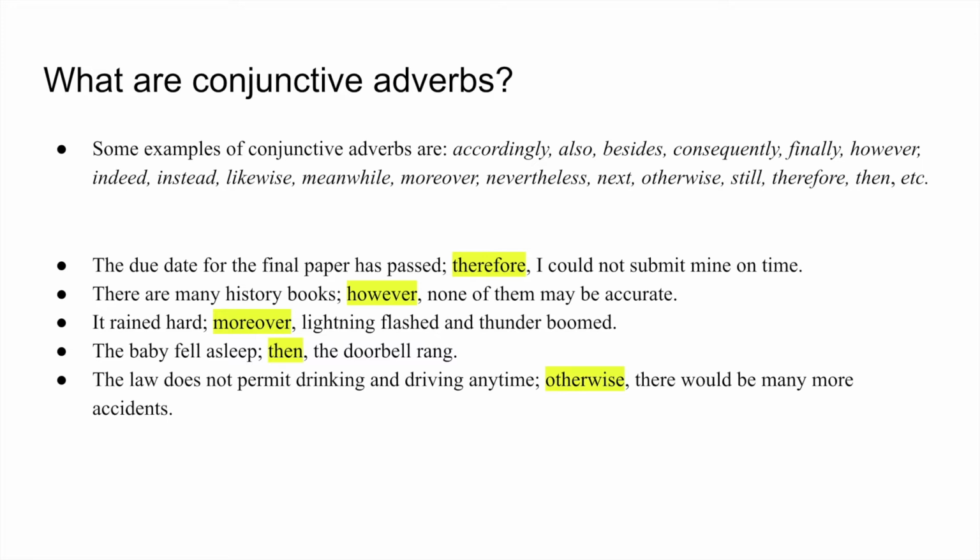So as you can see, there are a lot of conjunctive adverbs that we have in English. And each conjunctive adverb has its own unique purpose, and I'm going to explain what I mean by that as we read out the sentences below.